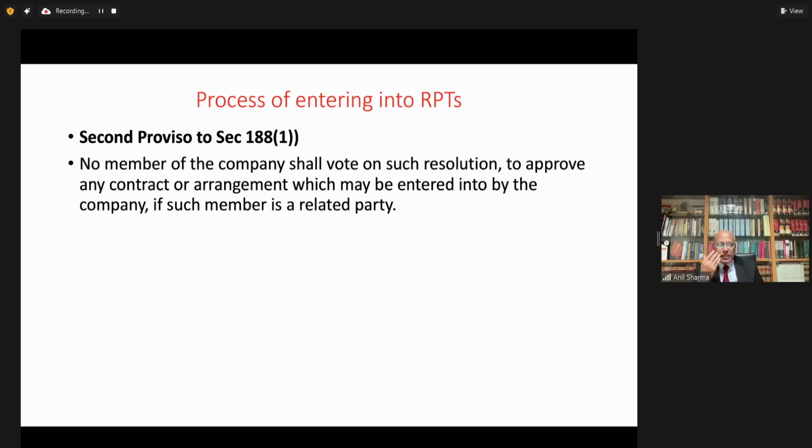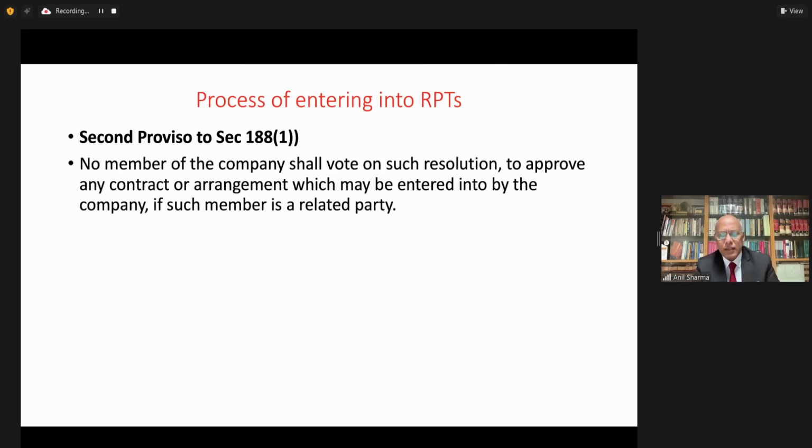Similarly, the second proviso to section 188 subsection 1 mentions that when it goes to the higher level, which is the approval of the members, no member of the company shall vote on such resolution to approve any contract which may be entered into by the company if such member is a related party. So even in the case of a general resolution, which is the resolution passed in the general meeting of members, the member who is a related party cannot participate.